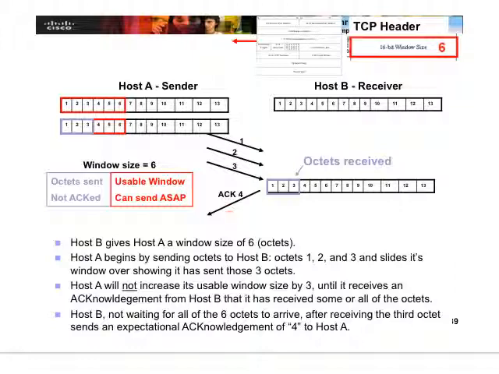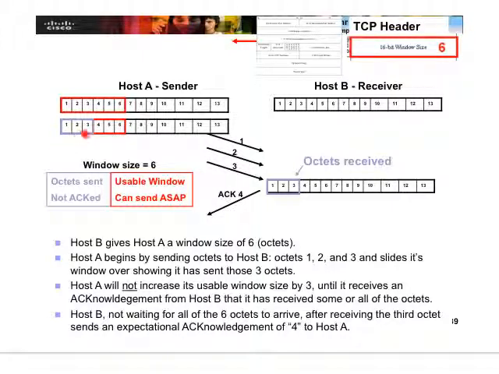In this example, yes, it did receive all the 3 bytes because the acknowledgement number is 4. But that's not the general case. The acknowledgement number could be 3. So for this particular example, I will slide and start at 4.